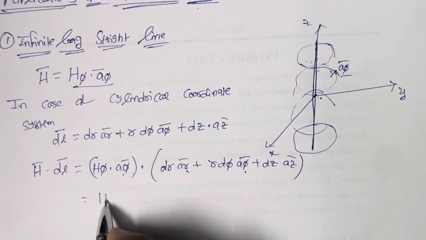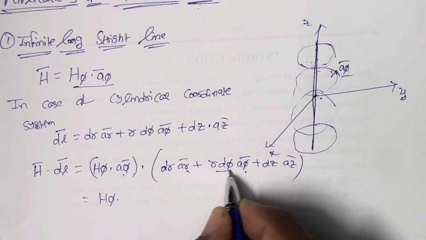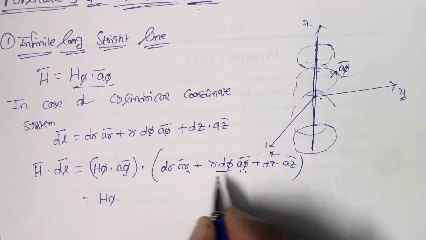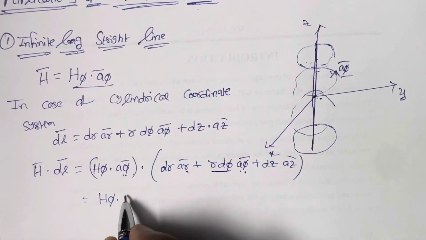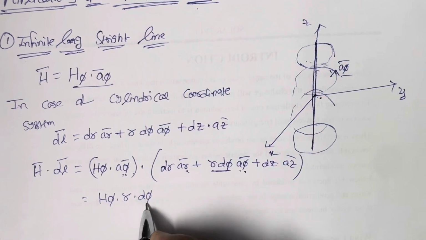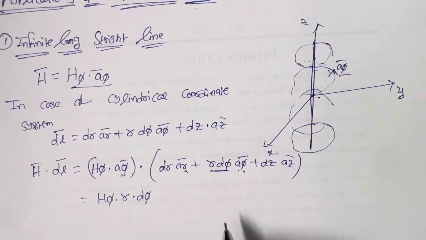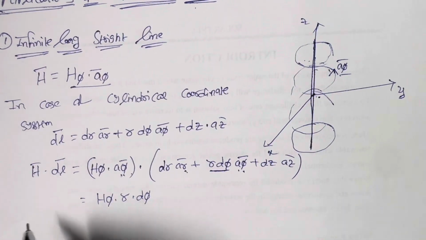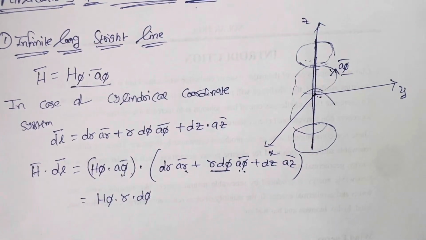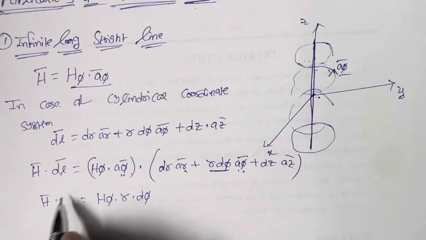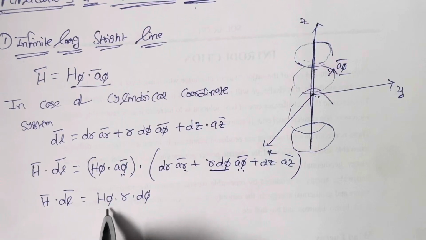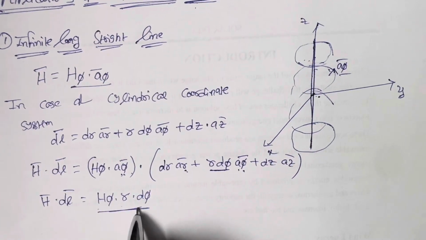So H phi into a phi dot a phi, 1. The remaining term is r d phi. A phi dot az is 0 again. Then it gives us H bar dot dl bar equals H phi r d phi.